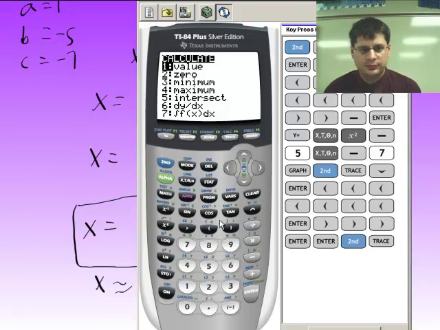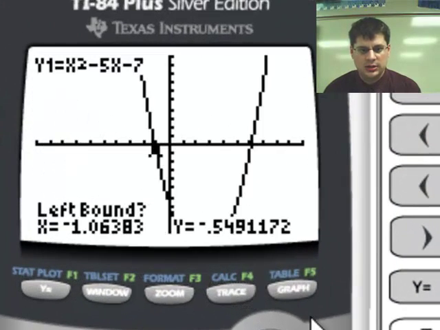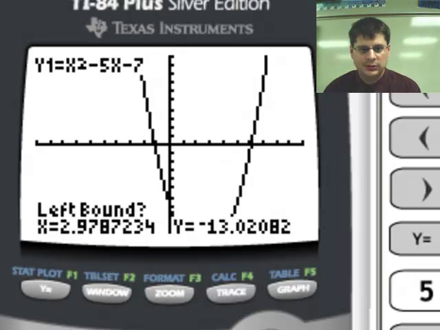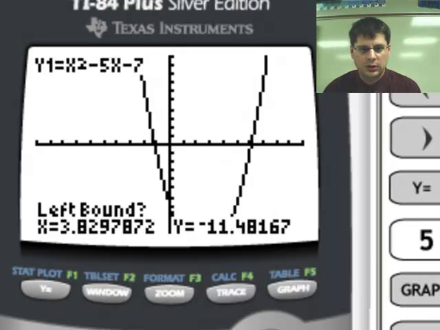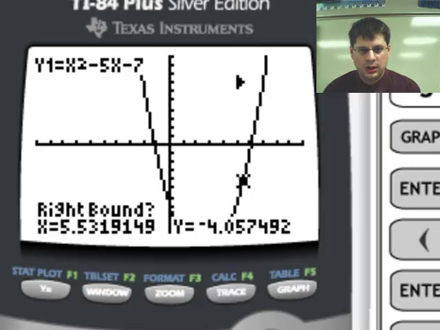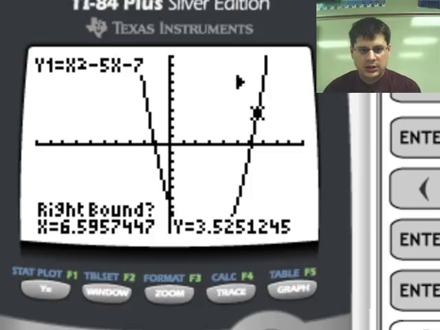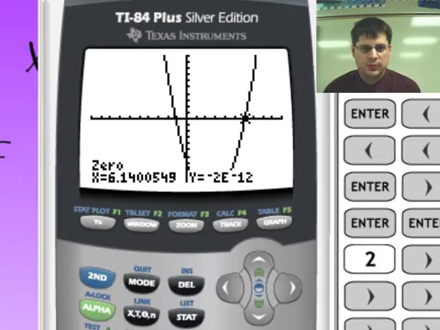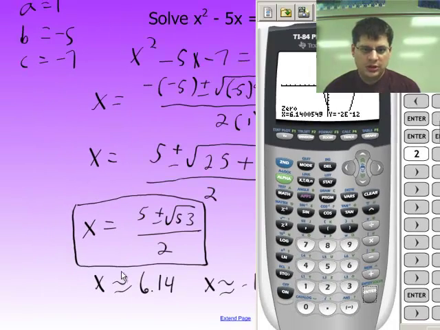Now, if I do the other one, second calc, and 0, I'll set my left bound on that one. Probably go a little bit further. All right, that works. And then I'll go to the right of it, press enter, and then press enter again, and 6.14, which is approximately what we got.